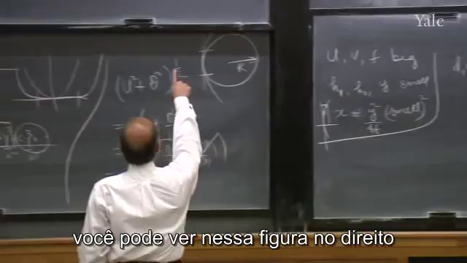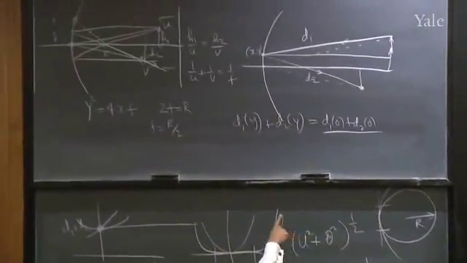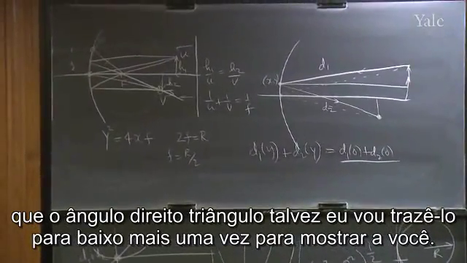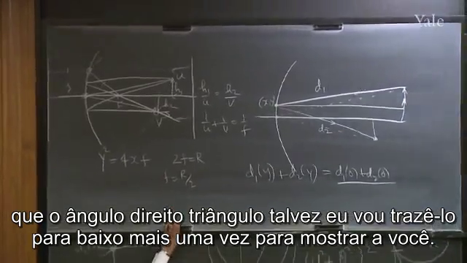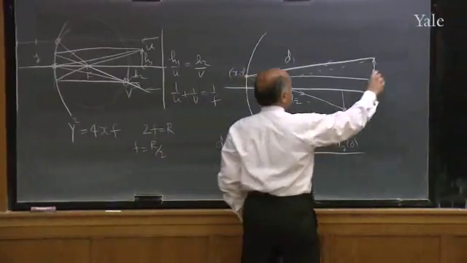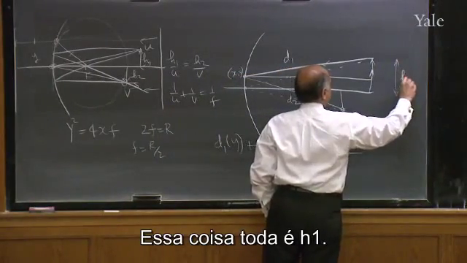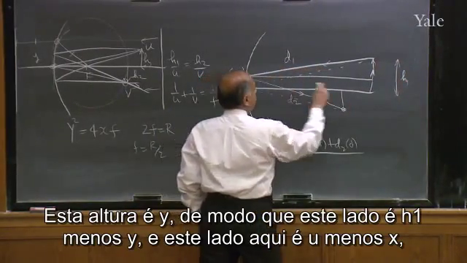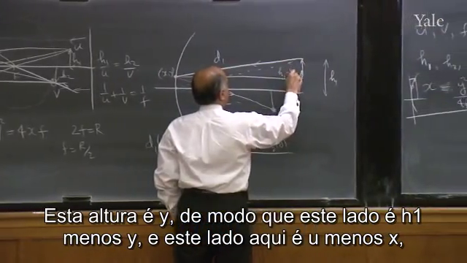Can you see in that figure on the right, that right angle triangle? Maybe I'll bring it down one more time to show you. Yeah, in fact, this is what we really need. So let's keep it here. This whole thing is h1. This height is y. So this side is h1 minus y.